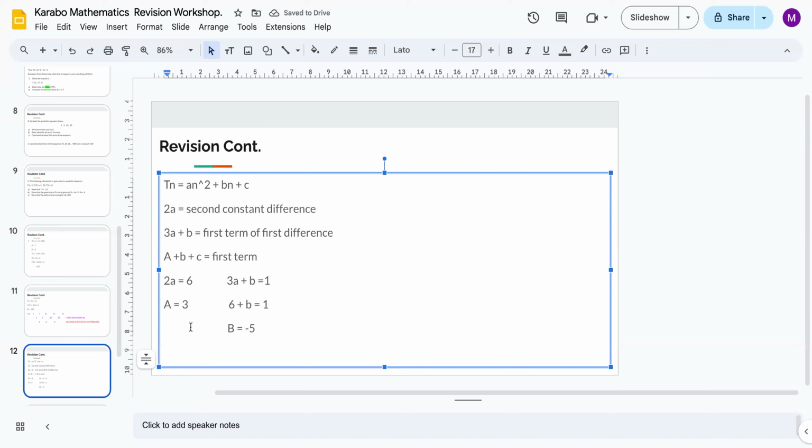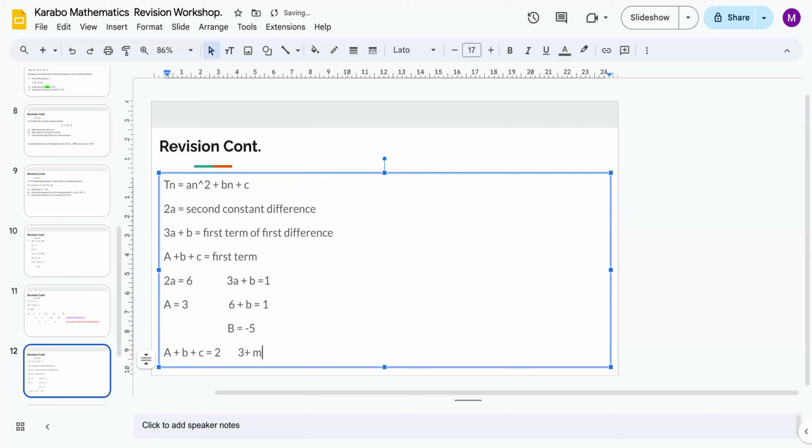All right. And then last but not least, A plus B plus C was equal to my first term, and my first term was 2. All right, but we've already worked out what the value of A is. It was 3. We've already worked out what the value of B was.